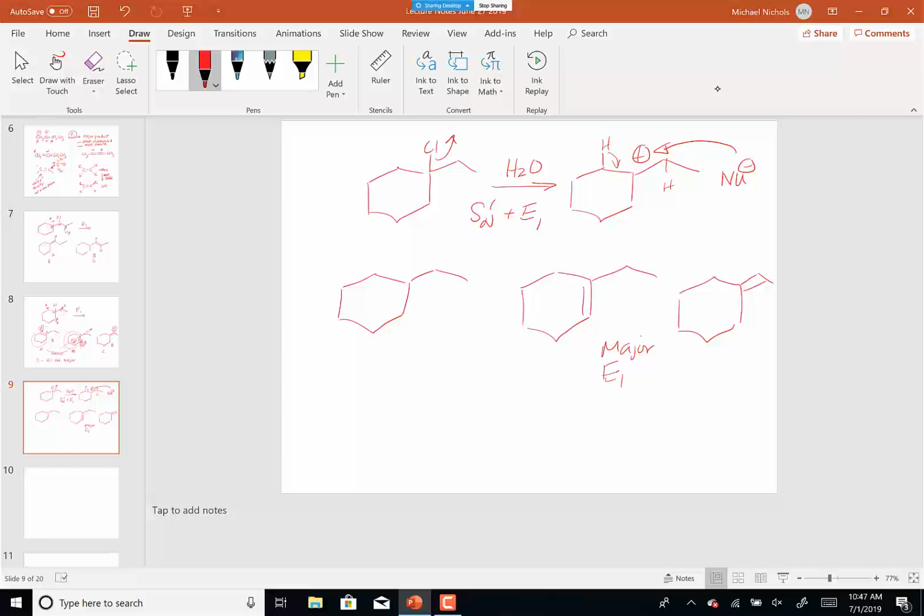What should go where? Well, first of all, it's substitution, right? So what do I put where the chlorine was? I'm going to put an OH group where the chlorine was. And so those three would be my major products of the reaction.